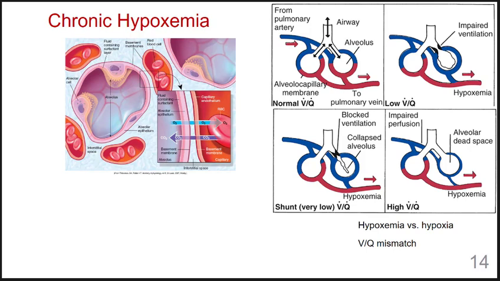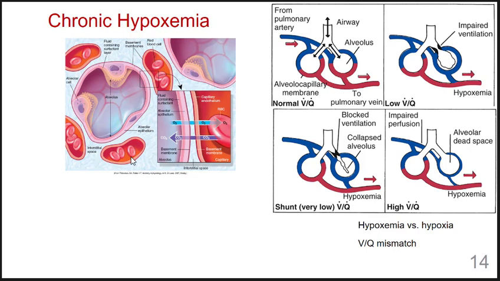Remember at the very start of today's lecture, I mentioned that obstructive pulmonary disorders can result in a mismatch of ventilation-perfusion ratio. The diffusion of oxygen from the alveoli into the blood is dependent really on two main factors.